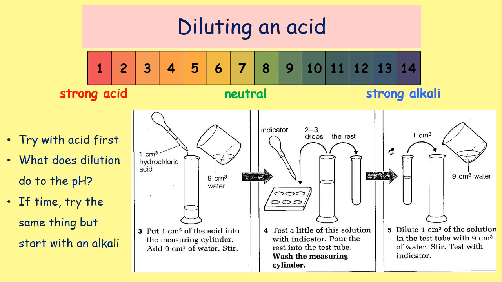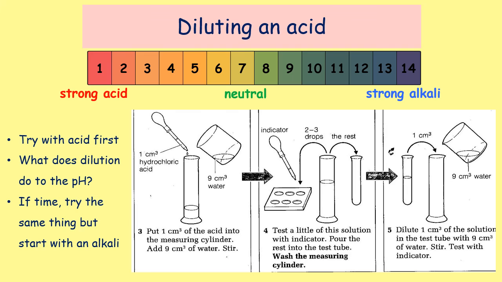So you'd be given some acid and then you would add some water to it. And then you would add some indicator to it and see what colour it was. You would then take a small sample of that acid and add even more water to it and then check the colour again and see if it changes.